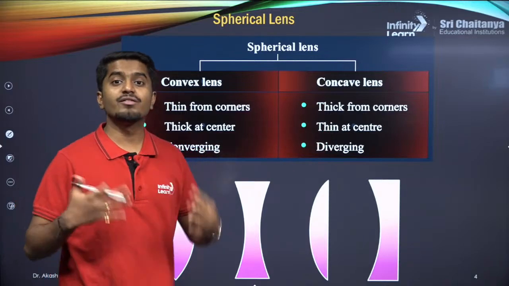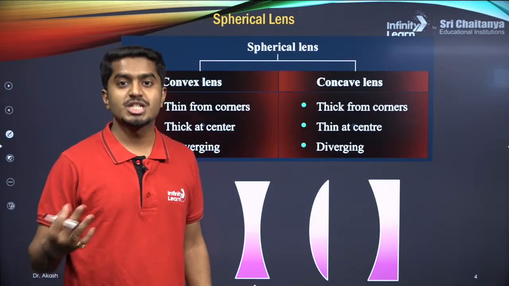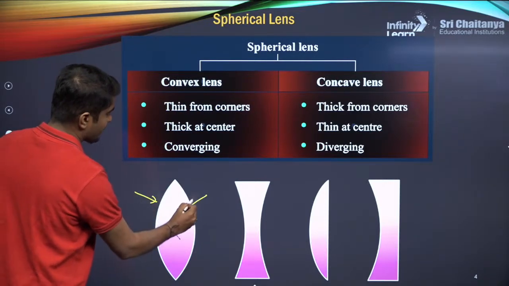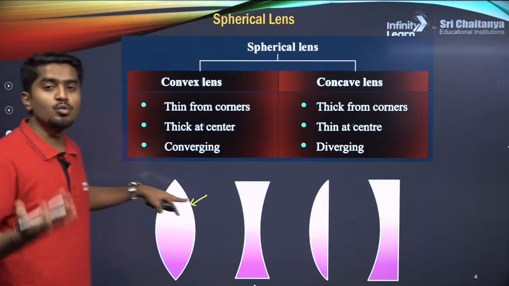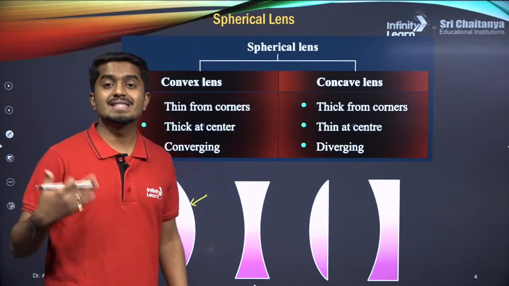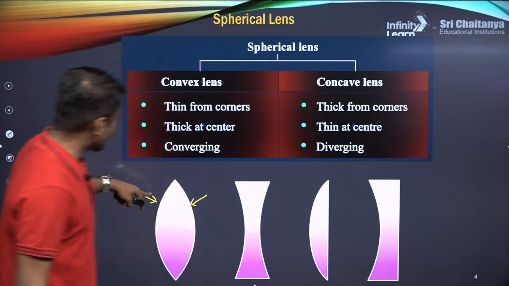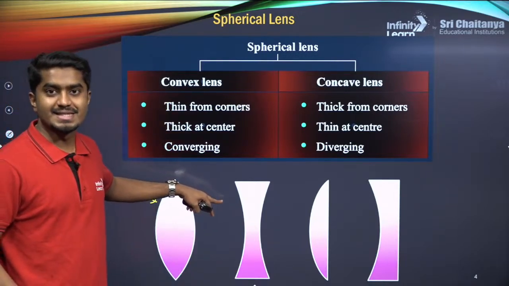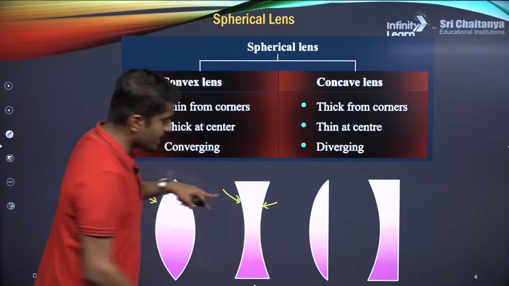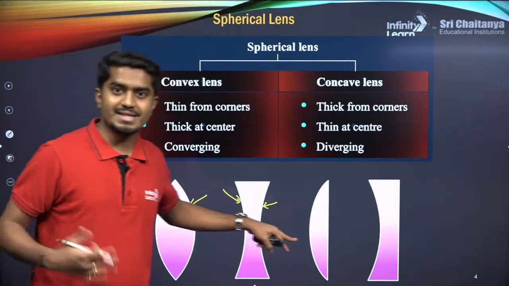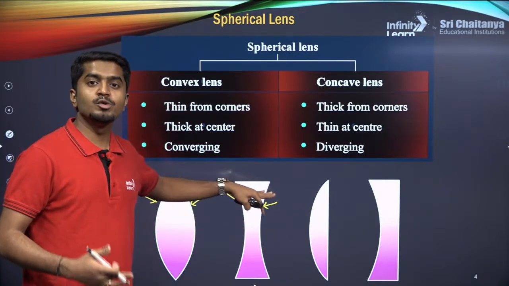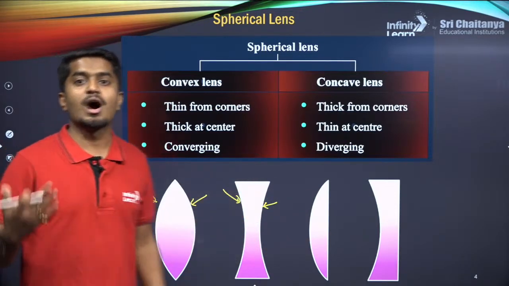There can be a lot of different types depending on the shape. For example, here you see the two surfaces are outwards. When the surfaces of the lens are outwards, it is called a convex lens. If the surfaces are inwards, can you see here, that is a concave lens. But not all lenses have both surfaces either inwards or outwards.